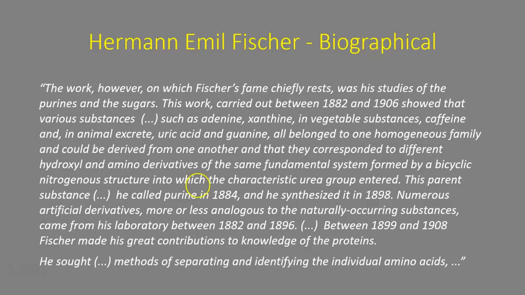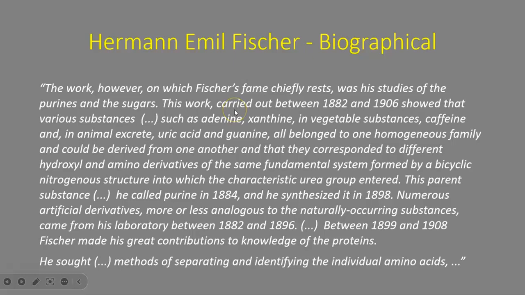The work, however, this is from the biological part of the Nobel Prize. The work, however, on which Fischer's fame chiefly rests, there's already a part before it, which I have skipped, was his studies of the purines and sugars.